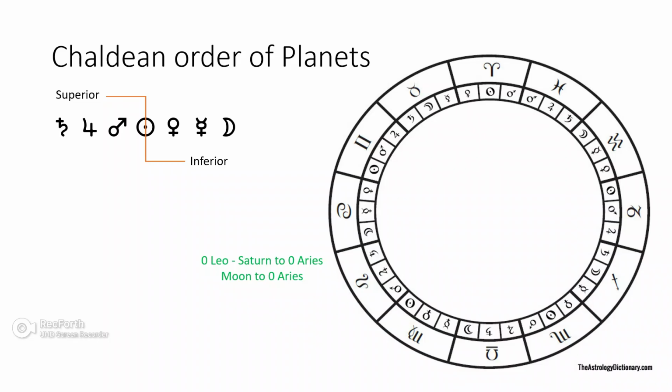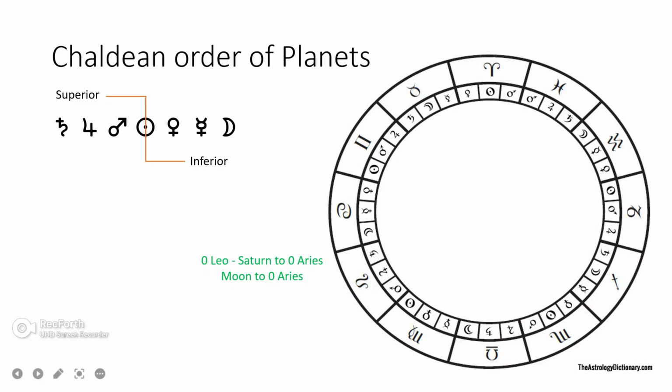Now, one of the things that I wanted to talk about is how we came to get the days of the week. So it turns out that the days of the week are determined by the first decan, starting from Virgo. So the first decan of Virgo is the sun.